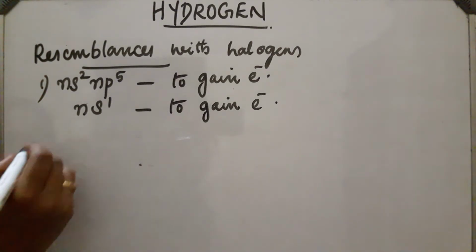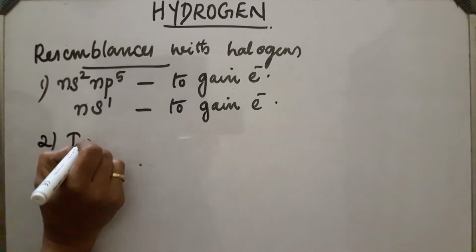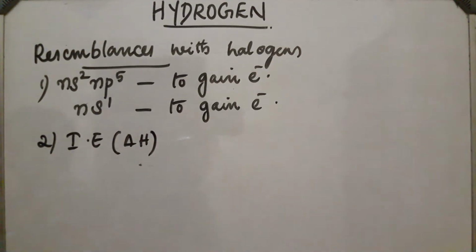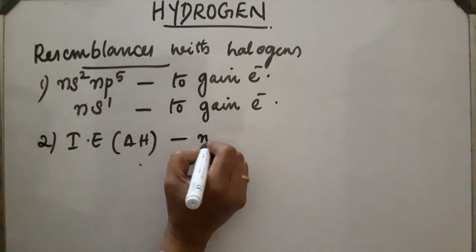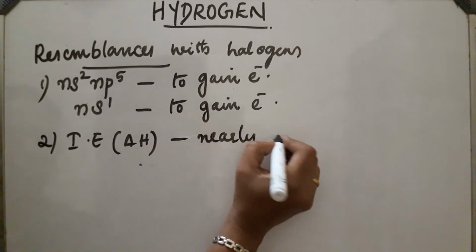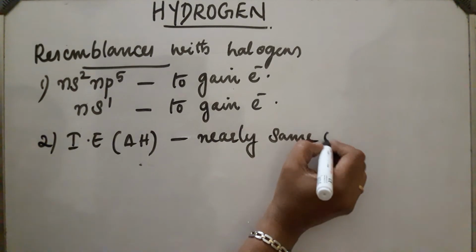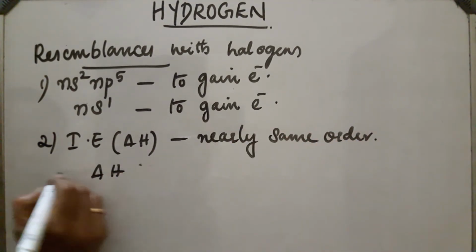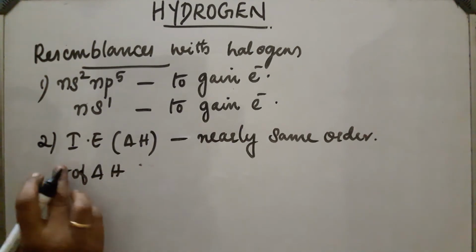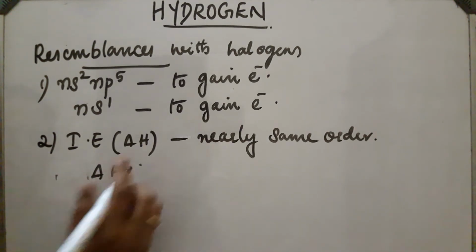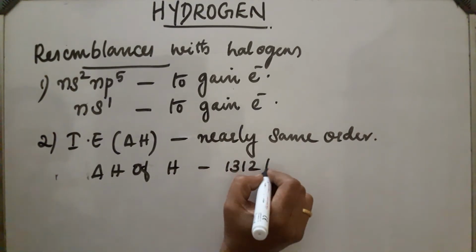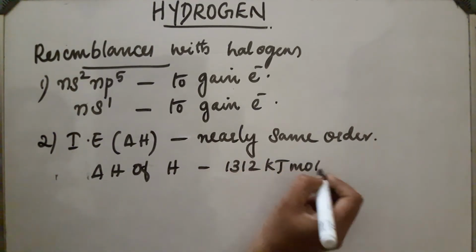Next, what about ionization energy or ΔH? ΔH of halogens and hydrogen are of nearly the same order. In the case of hydrogen, ΔH is found to be 1312 kJ mol^-1.